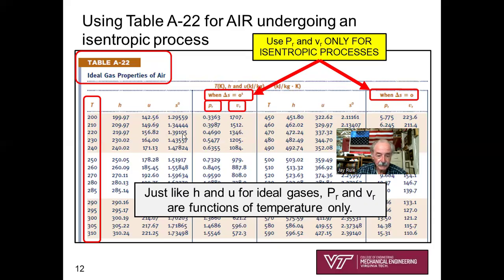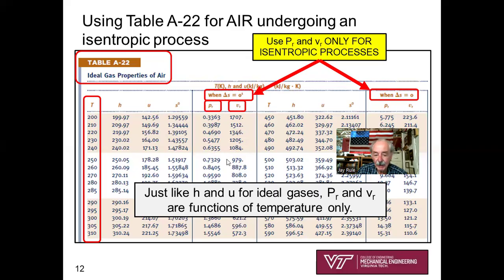So let's look at the leftmost side of the screen. When delta S is 0, you can only use these columns when you have an isentropic process. Please commit that to memory. You can't just be writing P sub R down for anything; it's got to be an isentropic process. P sub R is a number that corresponds to a temperature.